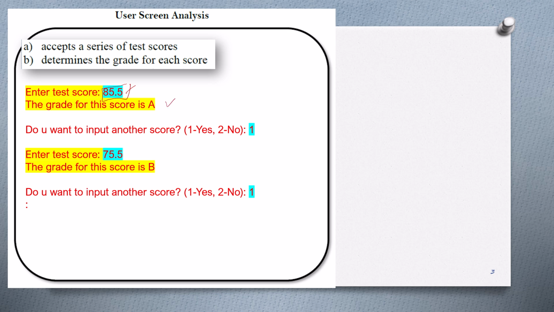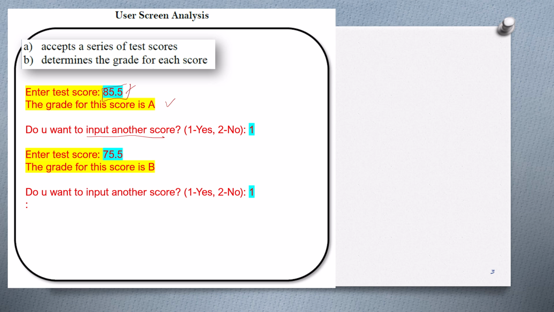Next, it will ask the user to enter another score. This is up to the user. If he or she would like to continue, then he or she must press 1.